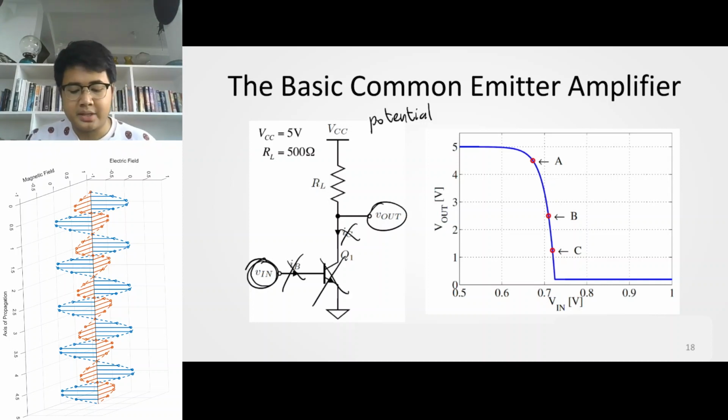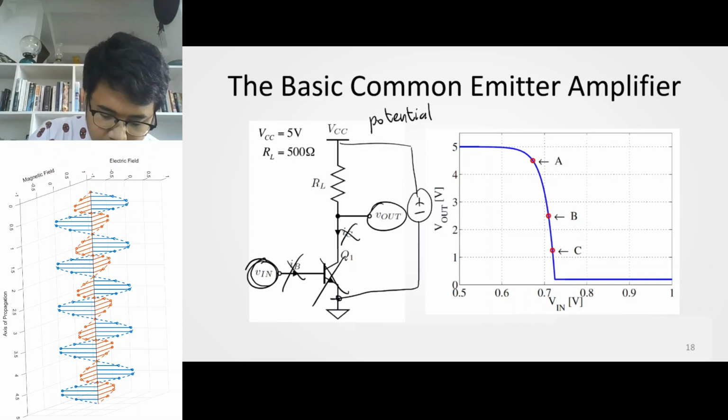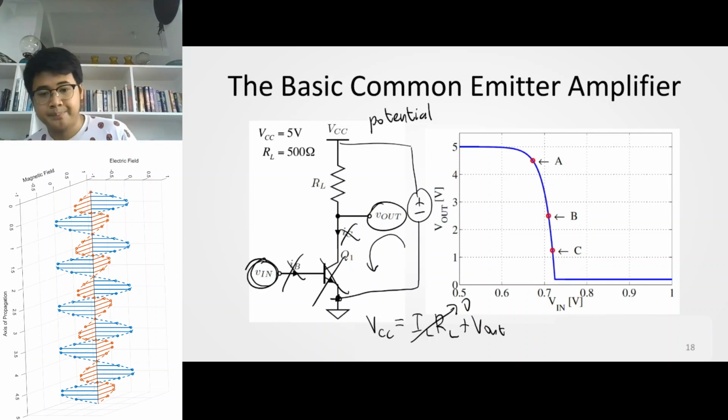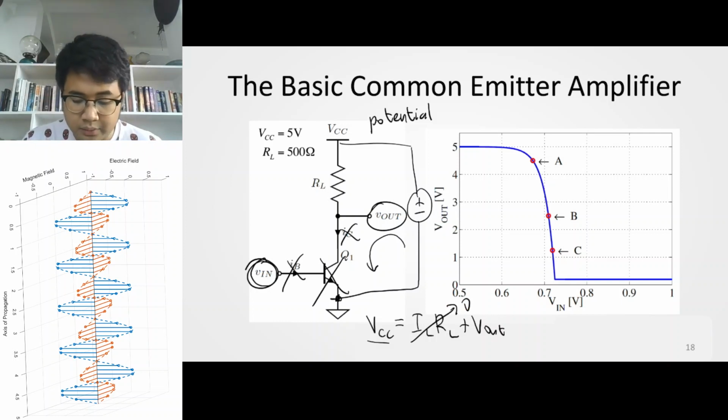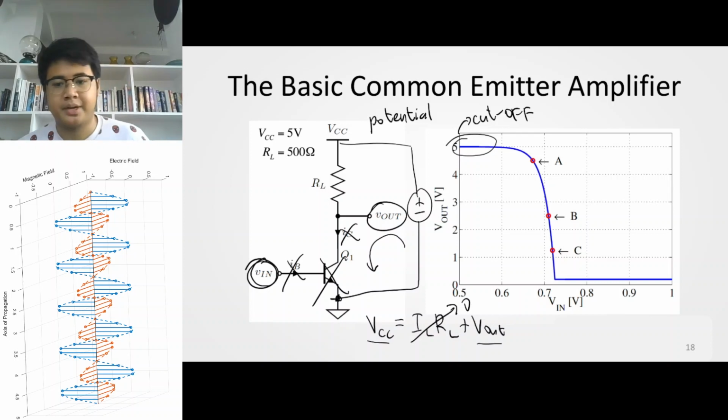That means if you perform KVL in this loop, you'll have VCC equal to IL times RL plus Vout. Since IL, which is IC, is 0, your VCC will just be equal to Vout. That's what you see here. This is the cutoff region of your transistor amplifier.